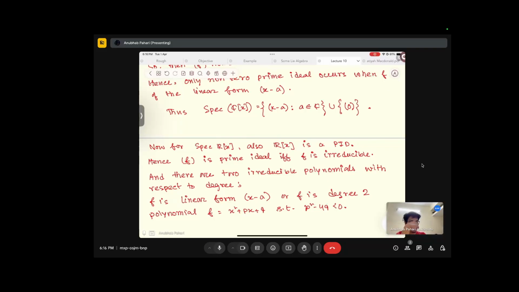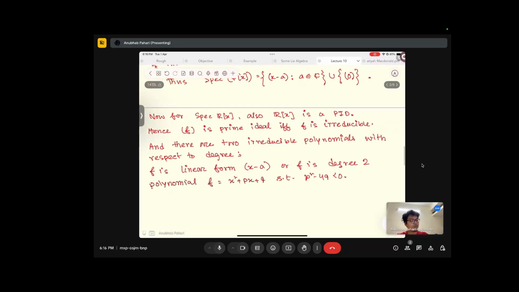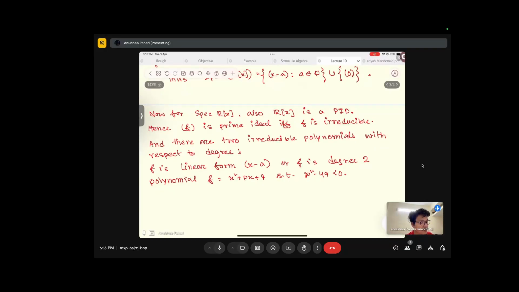So what I'm really trying to say is that in a polynomial ring over the real field, you know that there are only two types of irreducible polynomials, right? And these are coming from your 11th and 12th class knowledge. That is, we cannot split a polynomial of this form into two linear terms if their discriminant is negative.